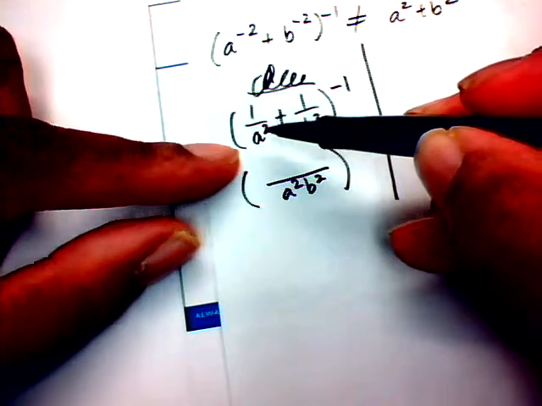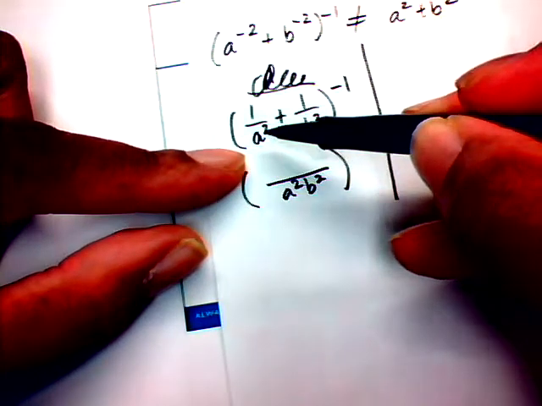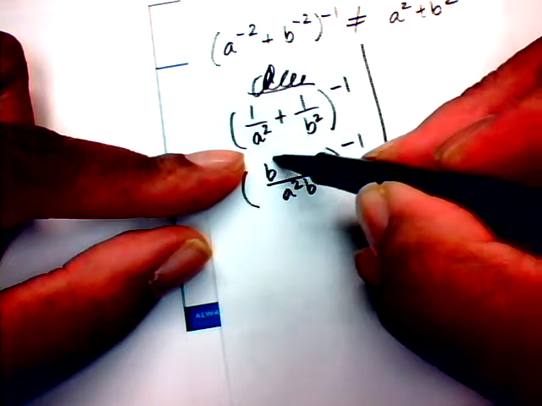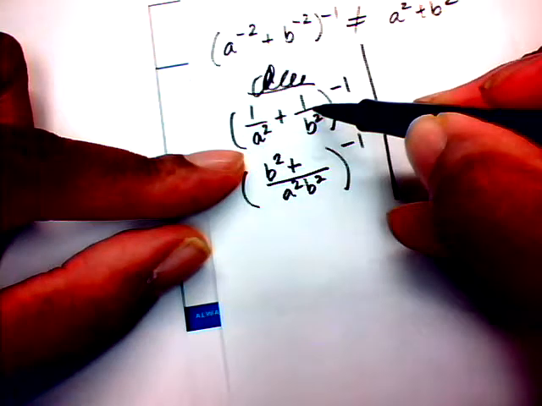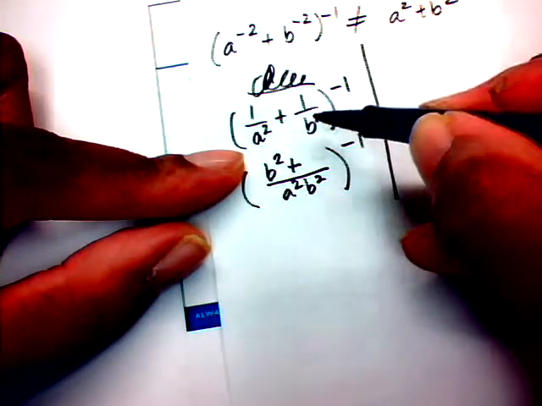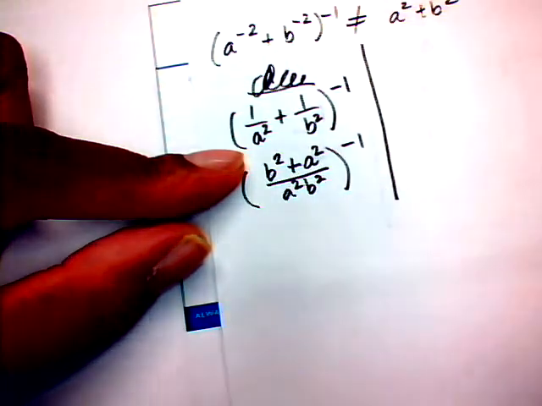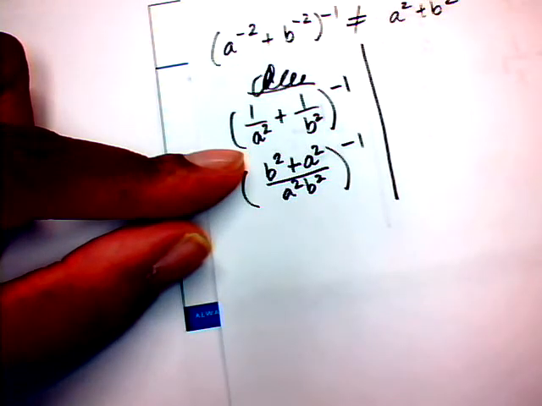Now, I'm missing a b squared, so I need to multiply the numerator and the denominator by b squared. So this will be b squared here, plus, in this 1 over b squared, to make this a squared b squared, I need to multiply the numerator and the denominator by a squared. So this is what I'm going to have, b squared plus a squared over a squared b squared.